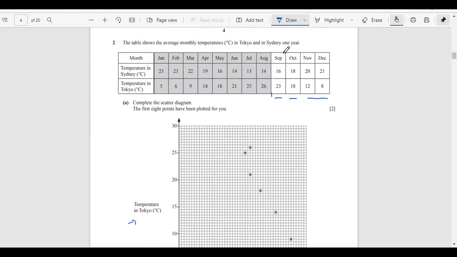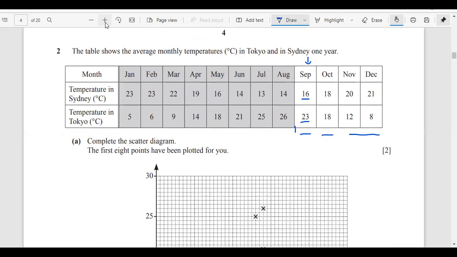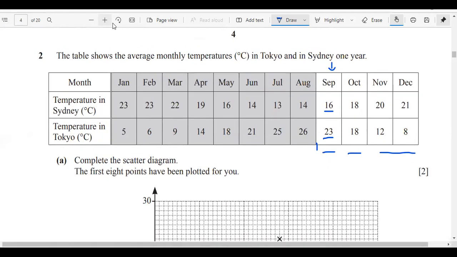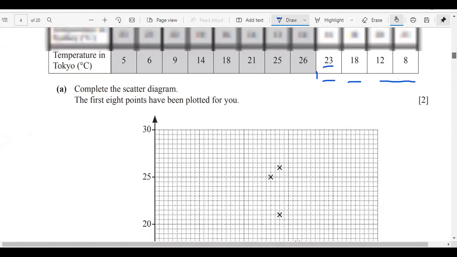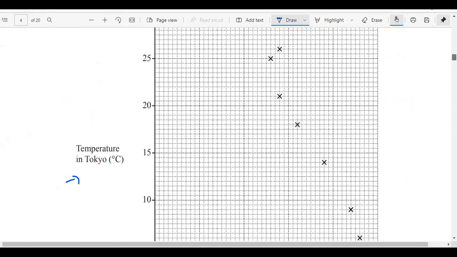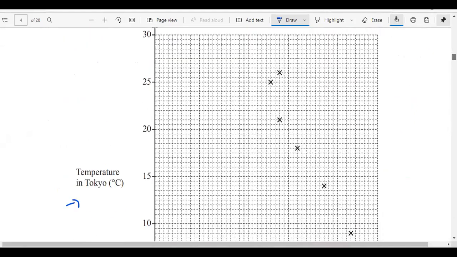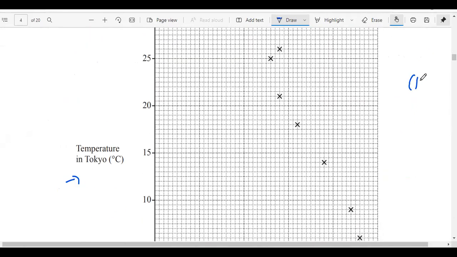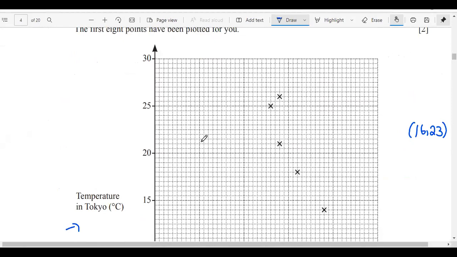Okay. The next point is going to be 16 and 23. So 23 is... okay. Next point is 16 and 23. This is the last thing for today. So 23.